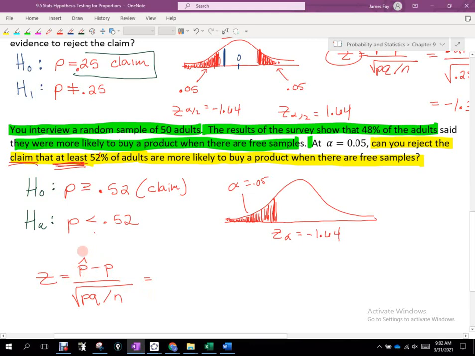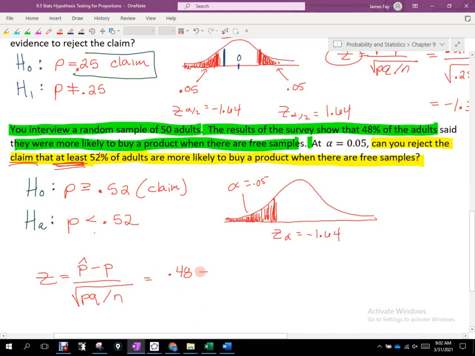In our sample, it says you interview a random sample of 50 adults. The results of the survey show that 48% of the adults said they were more likely to buy a product when there are free samples. So P hat here is what number? 0.48.